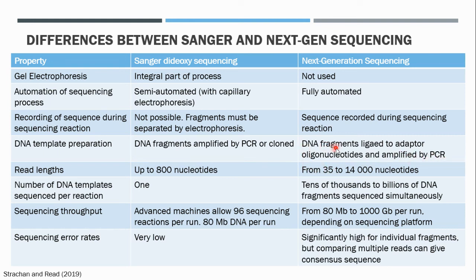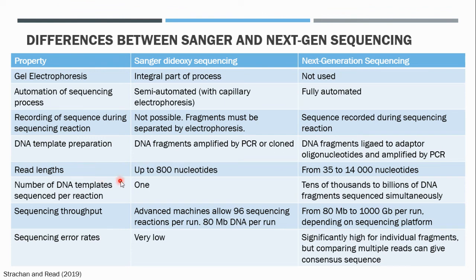A lot of different DNA fragments are ligated to these adapters, so we don't need amplification of a specific region of the genome. Multiple DNA fragments, or a whole lot of DNA that has been extracted, are each ligated to an oligonucleotide, and each of these fragments is amplified by PCR using a primer that can bind to the oligonucleotide.